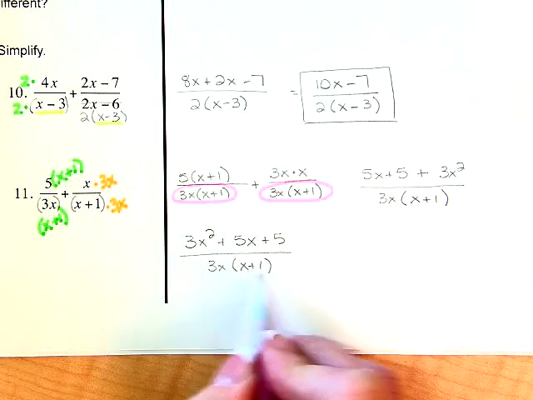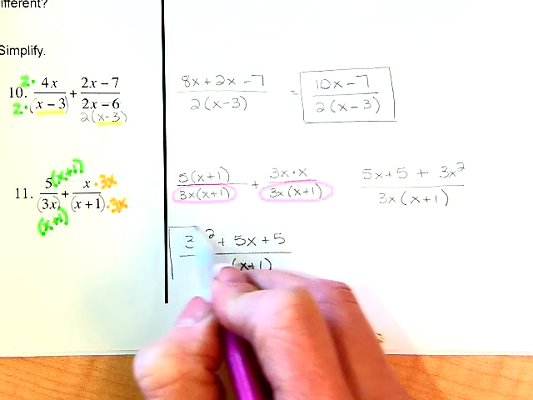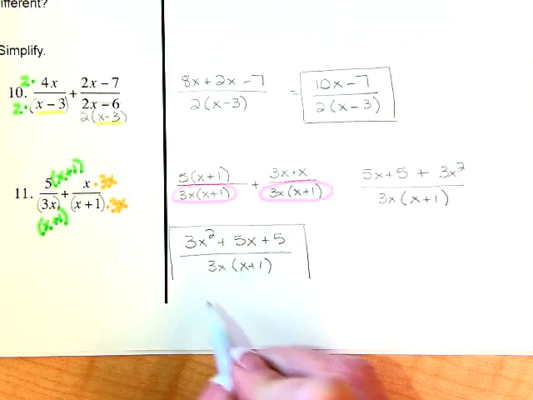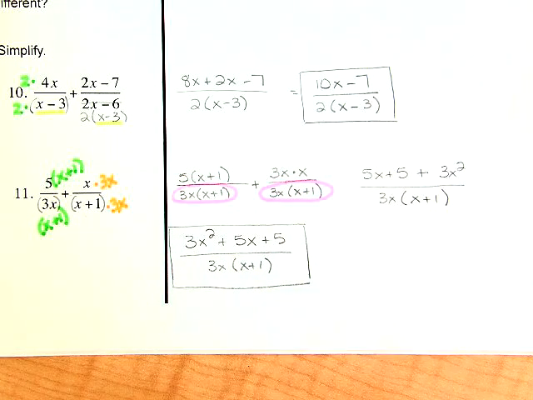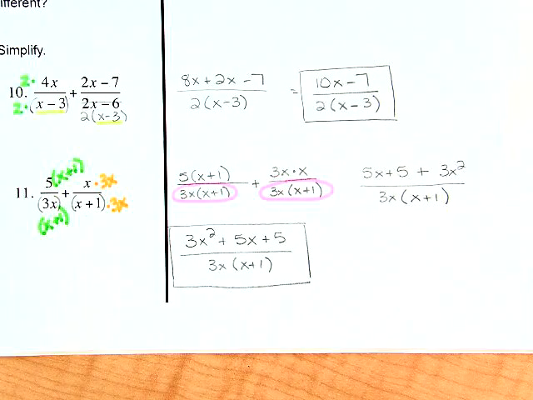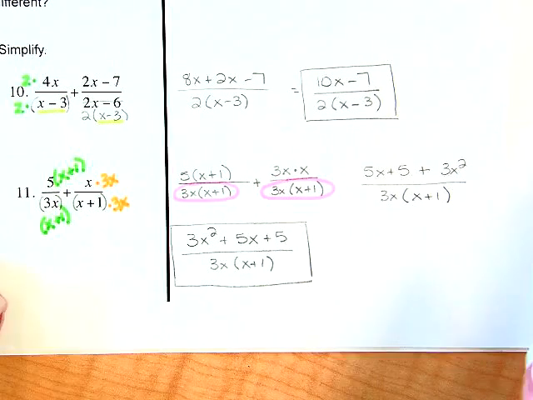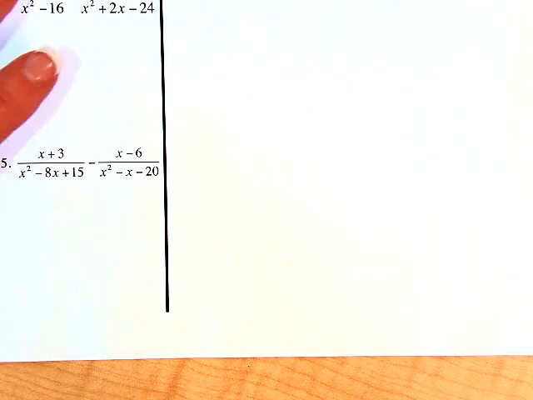And that is done. Just leave the denominator the way it is in a factored form and box that in because that is the answer. All right, let's move along to number 12.